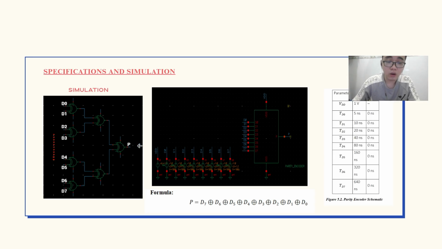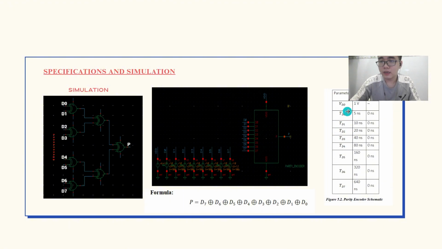During simulation, all input lines were driven by a periodic pulse with specific timing parameters to observe the logical switching behavior. Before we analyze the waveform of the 8-bit parity encoder, let's look at the simulation setup.